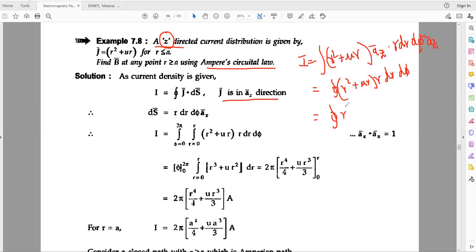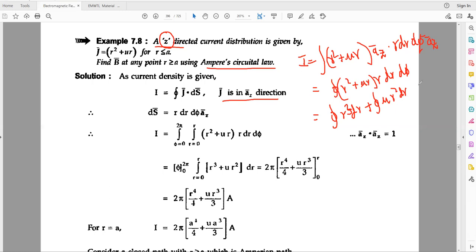Multiply this: integral of r squared dr plus integral of mu r cubed, which here is mu r squared dr, and then the d phi integral also.